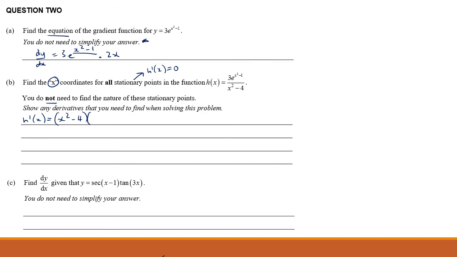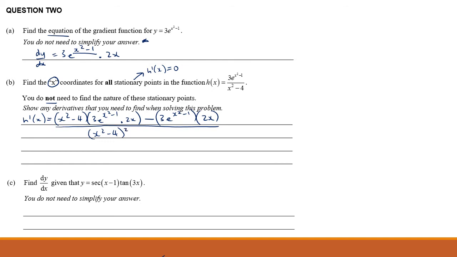Now that's going to be from above, 3e^(x squared minus 1) times 2x. Now it's going to be minus right down the top, 3e^(x squared minus 1) times the derivative of the bottom, which is 2x. And this is all over the bottom one, x squared minus 4 all squared.